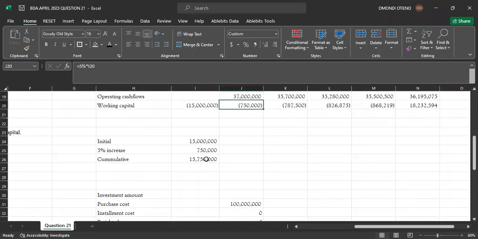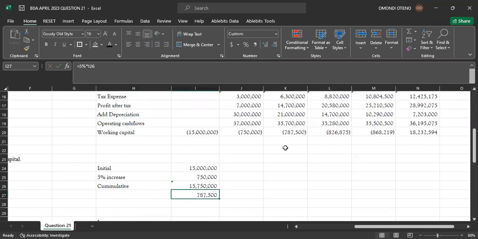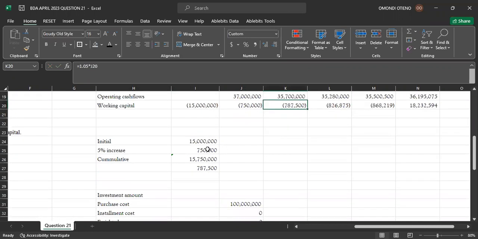Because somebody may say, this one here, we also take now the increase equal to 5% multiplied by this. 5% multiplied by that. Are you able to see this? We only take the increase, not cumulative. So what will be our cumulative down here?